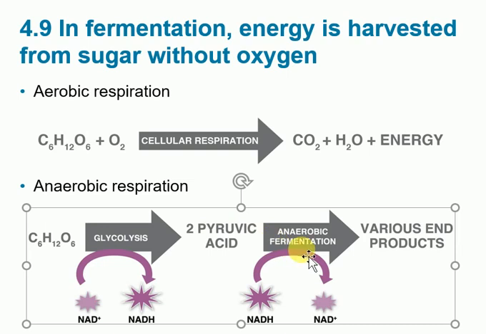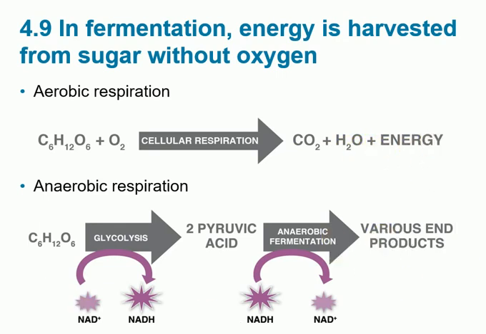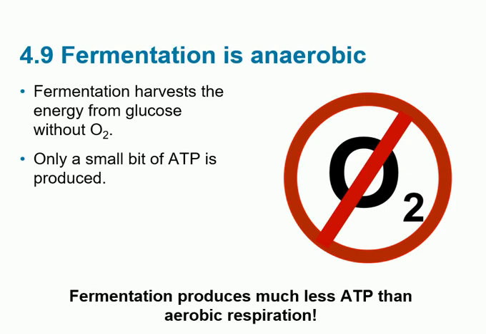This pyruvic acid will be fermented, and we call that anaerobic fermentation. So NADH is going to enter and become NAD, and you get different products that are not the same as this. Now, it's not carbon dioxide, water, and energy. No, this is a different scenario now. You don't have oxygen to do that. So fermentation is anaerobic, without air.